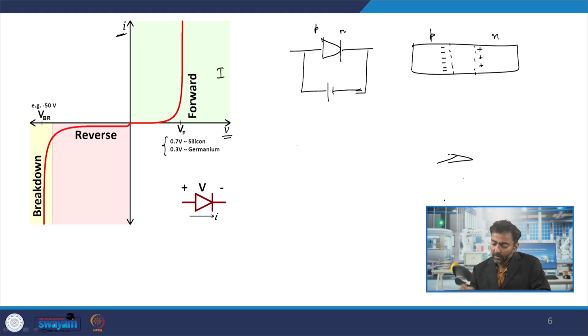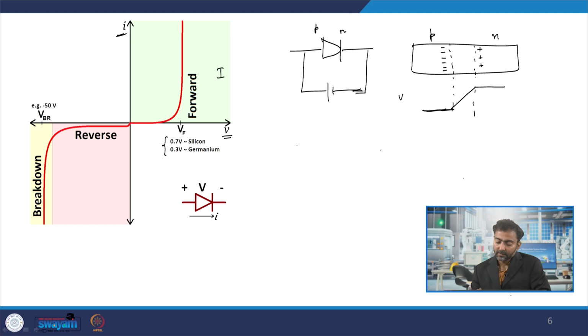If I were to draw the voltage characteristic across this junction, it would look something like this. n is at a relatively higher potential, this is the voltage across the junction, and p is at a lower potential. Obviously, in this situation it is not easy for an electron to cross this junction; we have created a potential barrier across the junction.